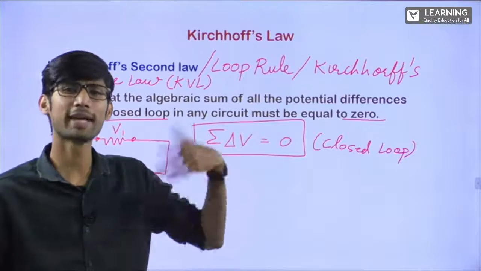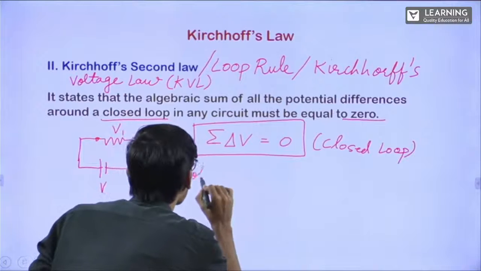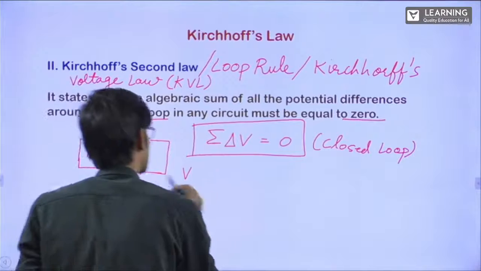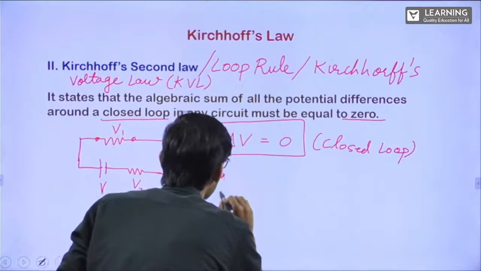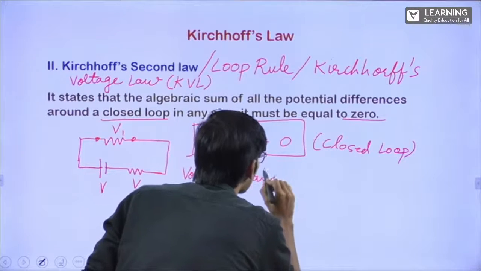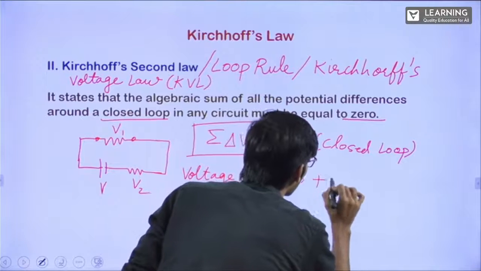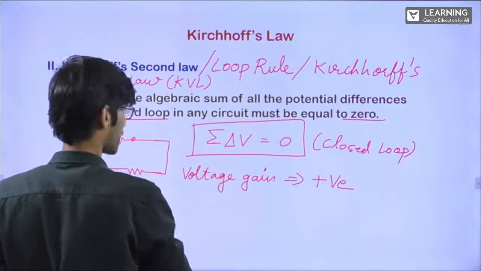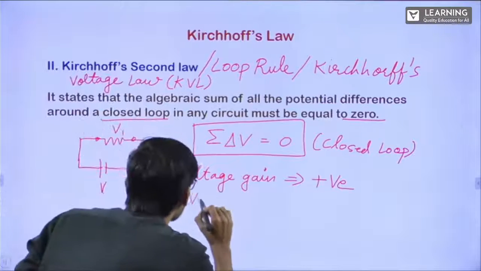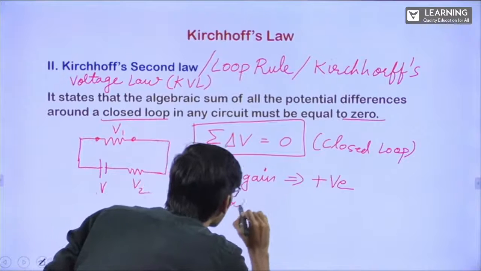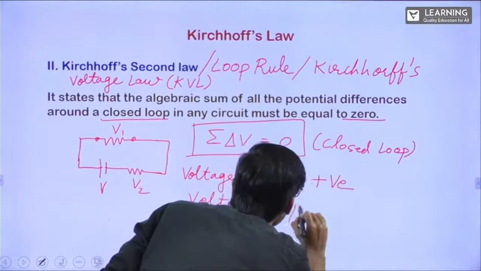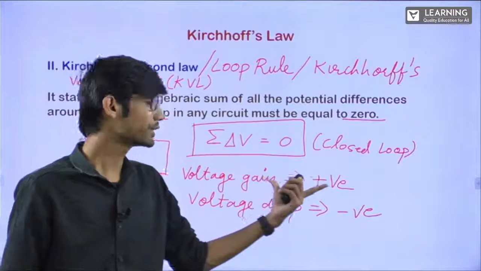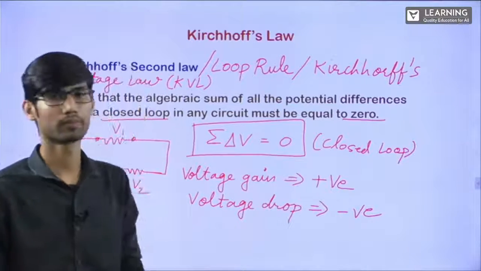If there is a voltage gain, we'll take V as positive. Voltage drop means negative. Fine. Voltage gain means positive, voltage drop means negative.